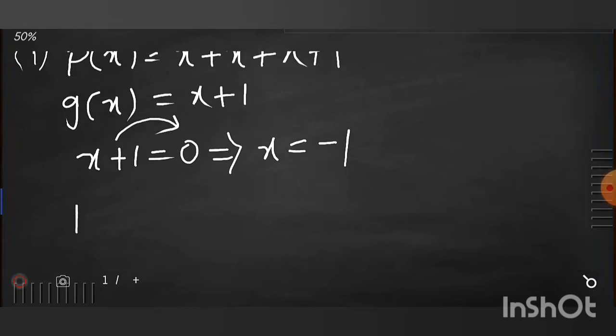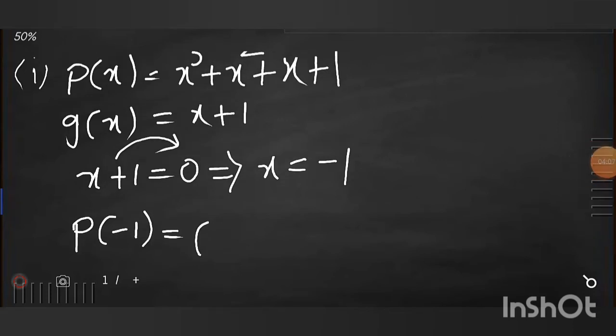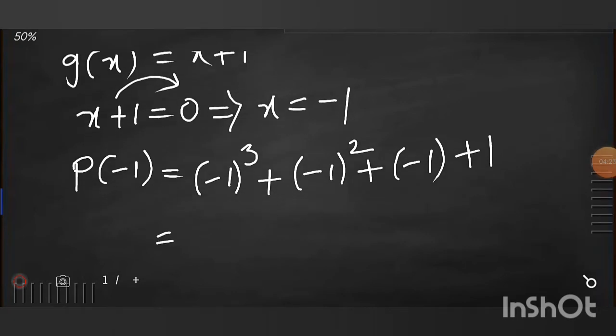Now p of minus 1 equals, substituting in place of x, minus 1 whole cube plus minus 1 whole square plus minus 1 plus 1. Minus 1 cube is minus 1, plus minus 1 square is plus 1, plus into minus will be minus 1, again plus 1.